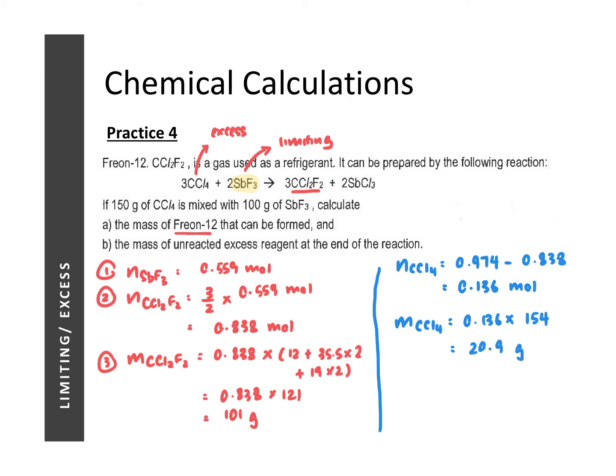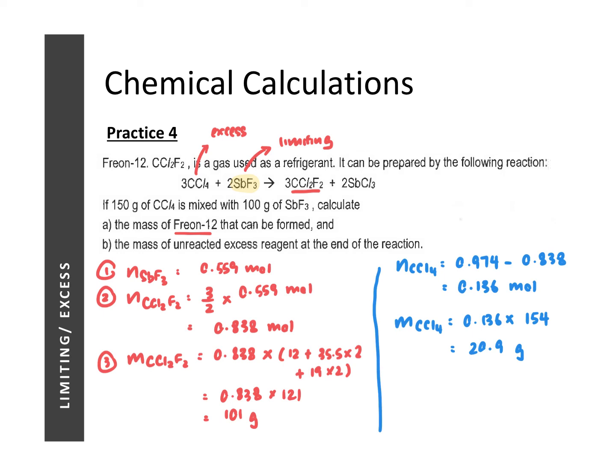So once again in this lesson, we are looking at a specific type of chemical calculation question, which is the excess limiting type of question. In the excess limiting type of question, we must first convert or find the number of moles of both reactants, and we need to pick one reactant and, using the mole ratio of the two reactants, find the number of moles of the other reactant needed.